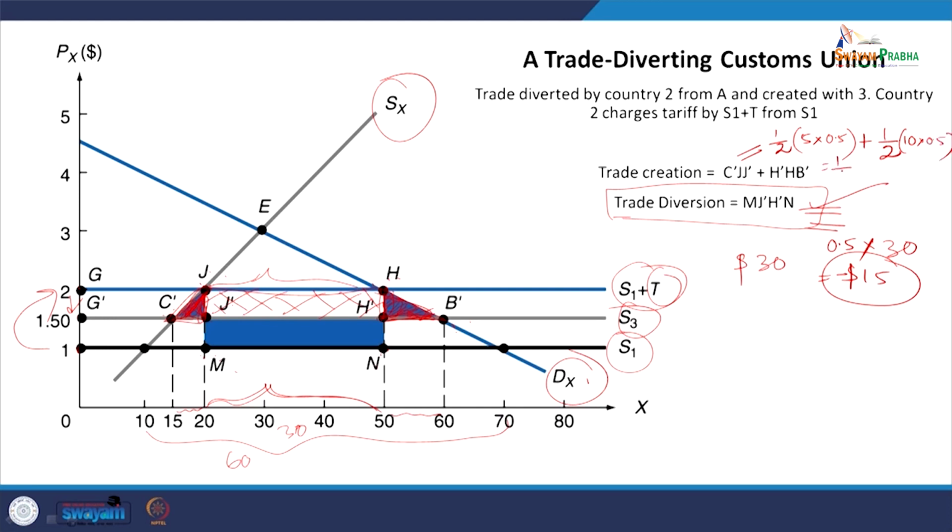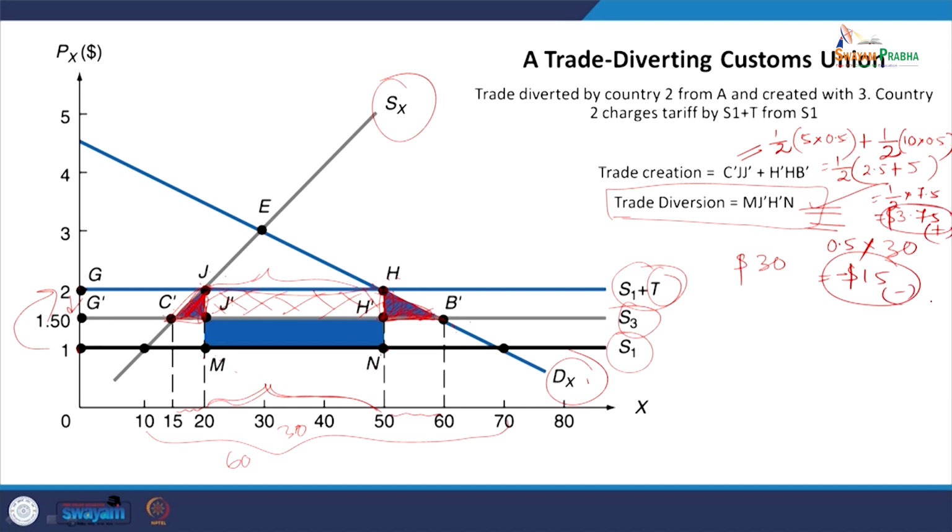So half is common. Basically 0.5 of 5 is equal to 2.5, plus 10 of 0.5 is 5. So basically 7.5, and half of 7.5 is equal to $3.75. So this is plus, but the other is minus.